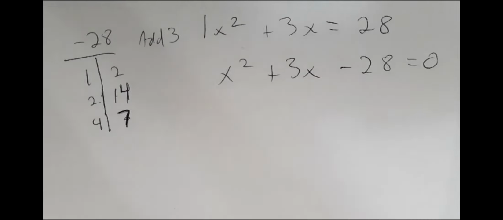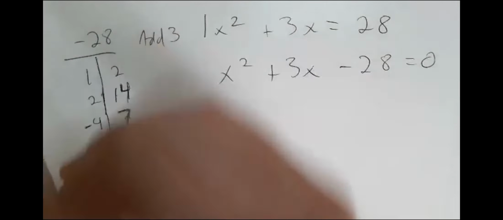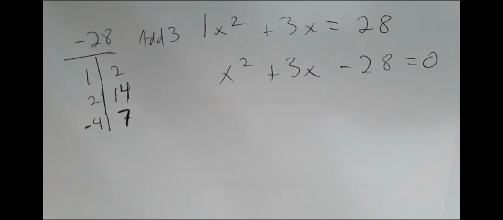It's got to multiply to minus 28 and add to 3, and the way we do that is with the 4 being negative and the 7 being positive.